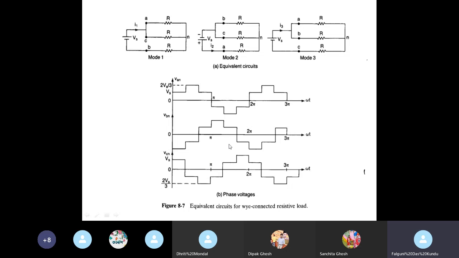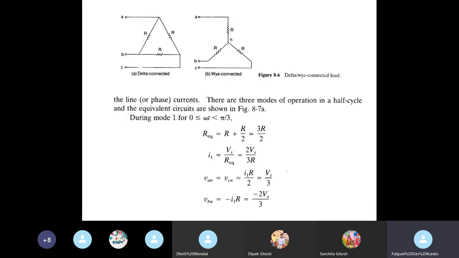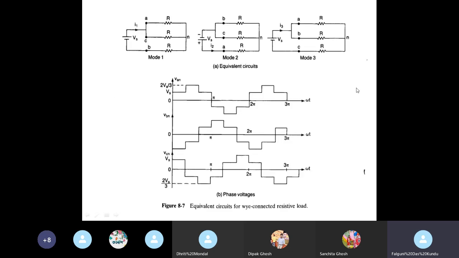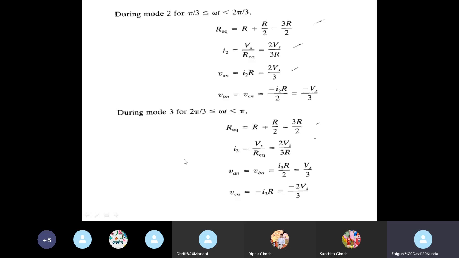Then for the VCN, when omega t lies between 0 to pi by 3, VCN equals Vs by 3. That's why we draw it here, this is Vs by 3. After that, when omega t lies between pi by 3 to 2 pi by 3, the value of VCN is minus Vs by 3.